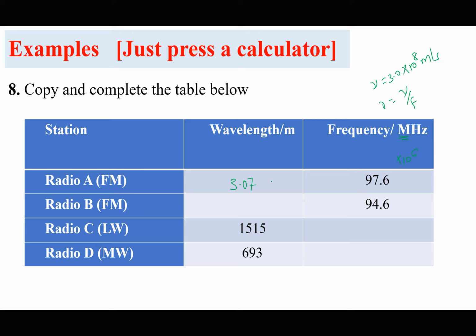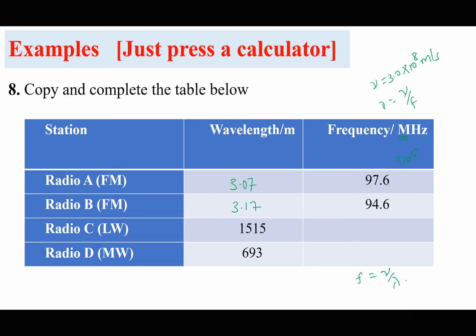Then the other one is 3 exponent 8 divided by 94.6 exponent 6. So this is 3.17. Then here I will just make F the subject, and F is equal to V divided by wavelength.